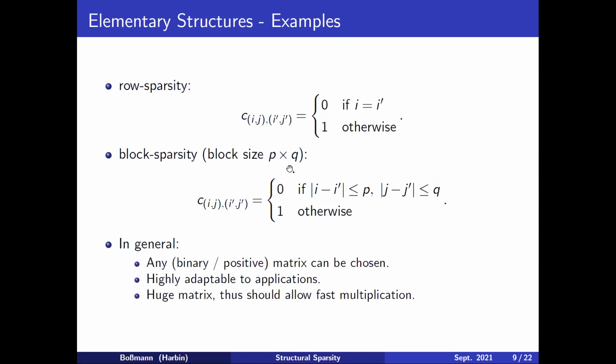What about block sparsity? For block sparsity, we look at the difference between the row indices, whether it is smaller than P, and the difference between the column indices, whether it is smaller than Q. If both of these hold, then these elements are in the same block, and the block size is P times Q. If one of these doesn't hold, we set it to 1, which means this pair would have to be in two different blocks, so this structure can no longer be an elementary structure.